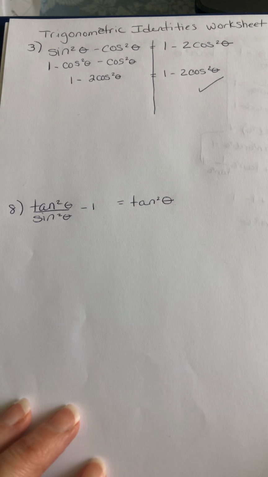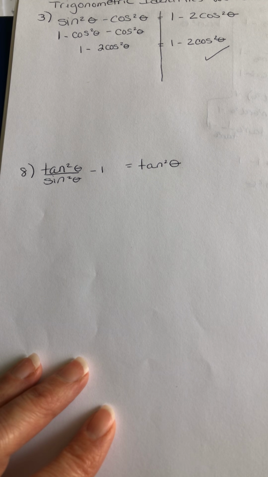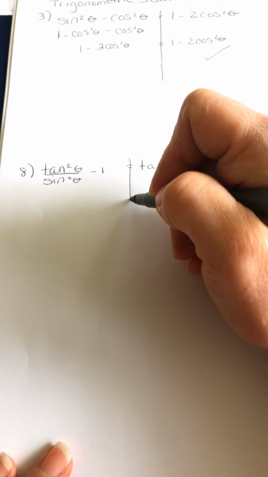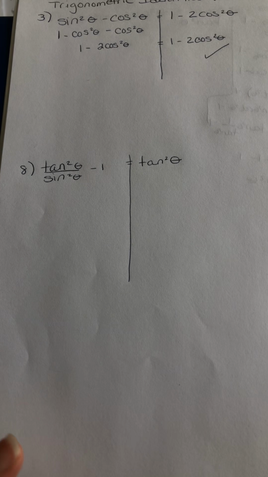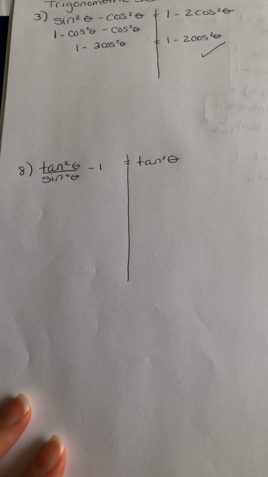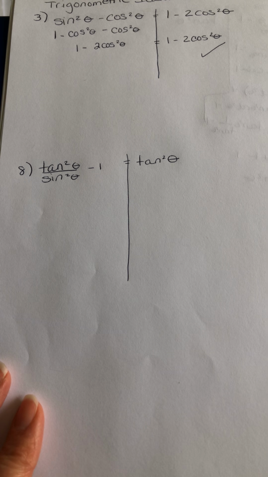If we look at number 8, we have tangent squared theta divided by sine squared theta minus 1 equals tangent squared theta. So again, I'm going to draw my wall. I'm going to start with the more difficult side, which is the side on the left. And I'm going to start to simplify this. There's a lot of different ways to do this.